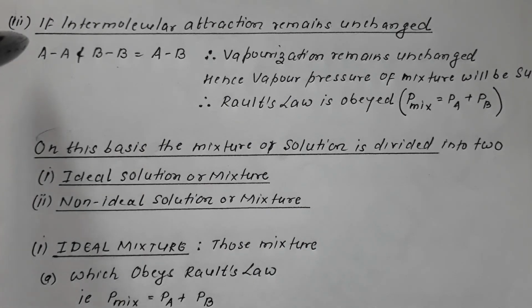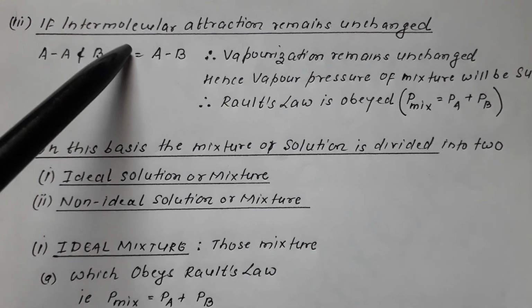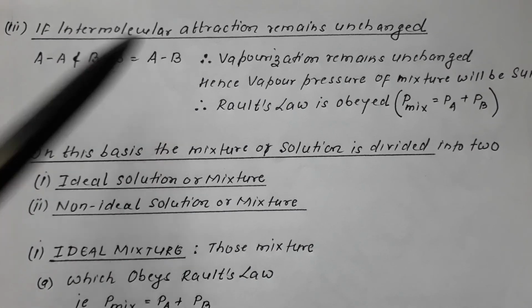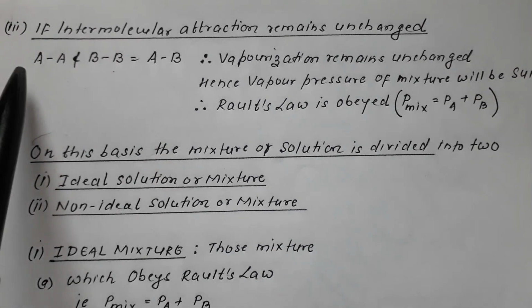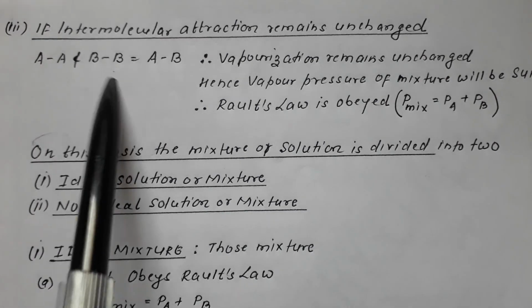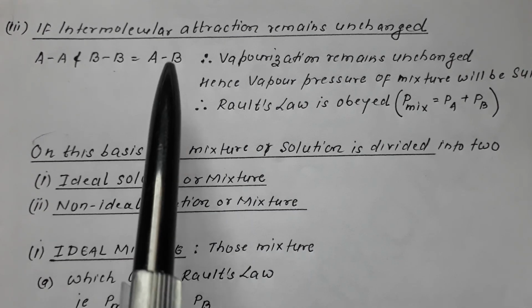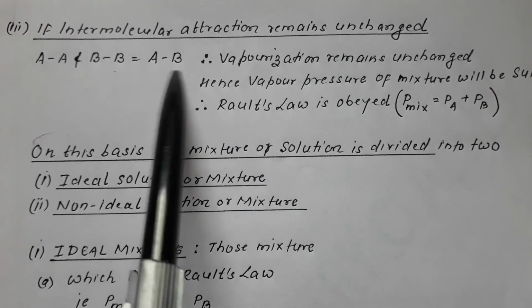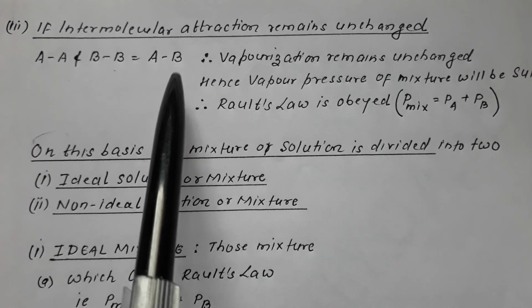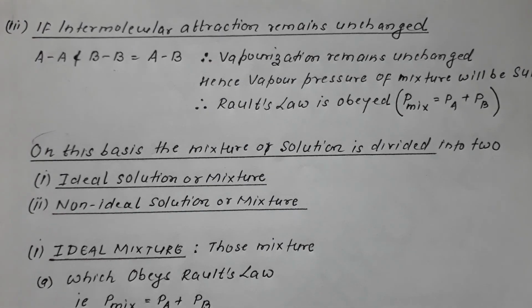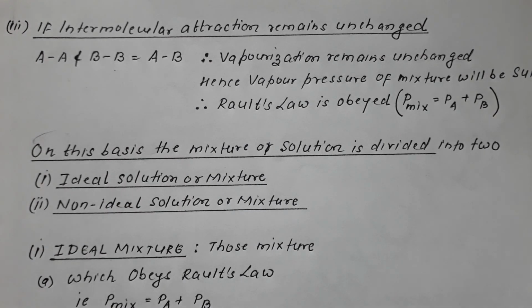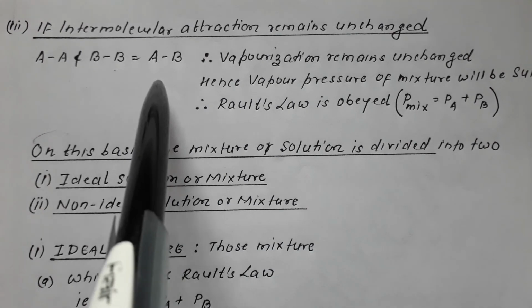We say that if intermolecular attraction remains unchanged on mixing two components, meaning the intermolecular attraction between A and A, B and B, and between A and B is the same, that is, on mixing two components the intermolecular attraction does not undergo change, then what happens?